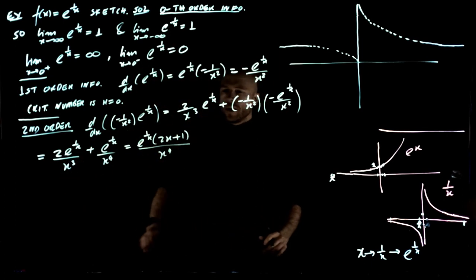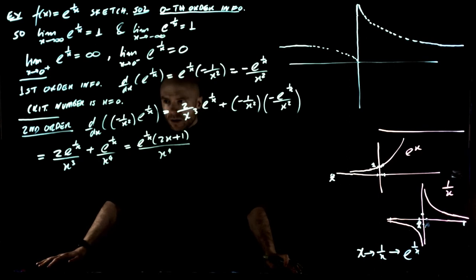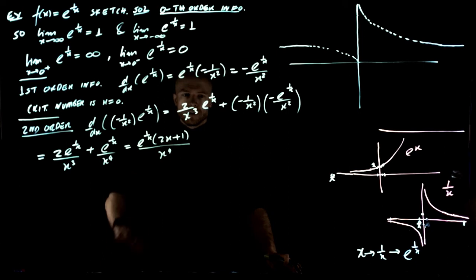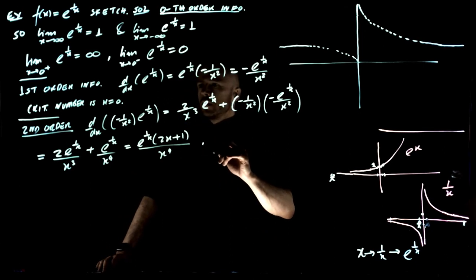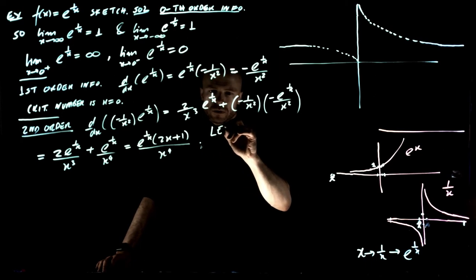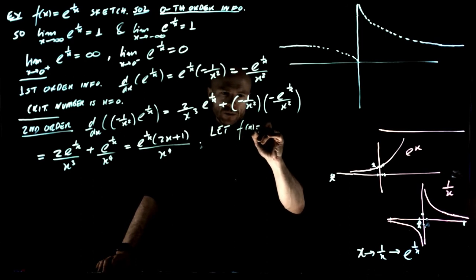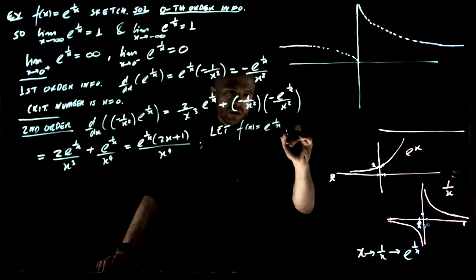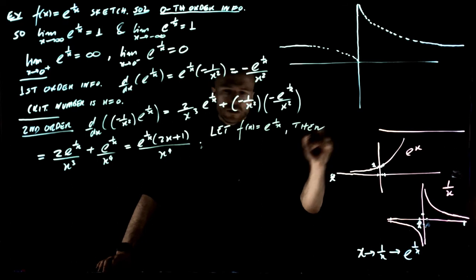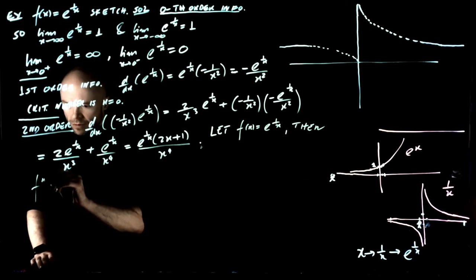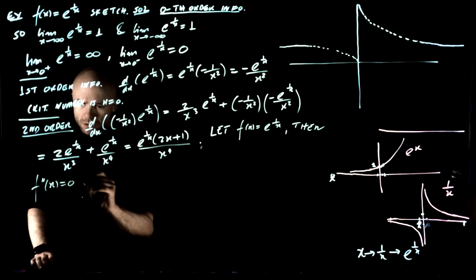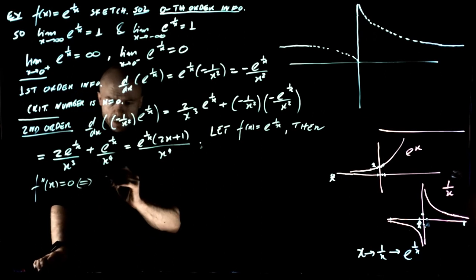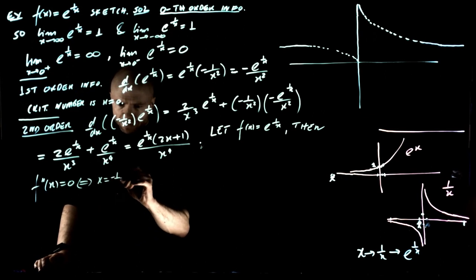So where do we have issues with this thing? Well, the second derivative will be 0 when x is equal to minus a half. So I should probably have called this something. So if we let f of x be e to the 1 over x, then the second derivative equals 0 exactly when x is minus 1 over 2.